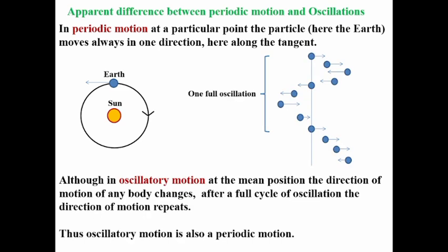However, in oscillatory motion, at the mean position, the direction of motion of the particle changes. But if you see these 2 points, the direction of movement is the same. Thus, after this time interval, the motion repeats. So, this one and this one, this is called the full oscillation. Thus, oscillatory motion is periodic motion.